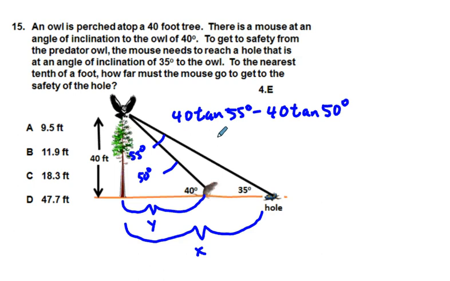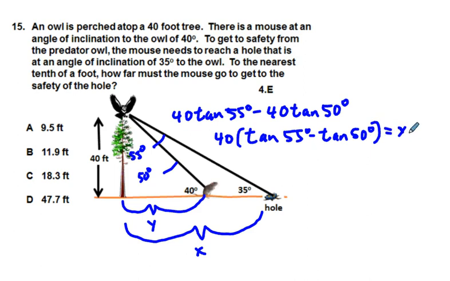And also you could just factor out the 40, 40 times the quantity tan 55 minus tan 50 degrees. And that's going to be equal to x minus y.